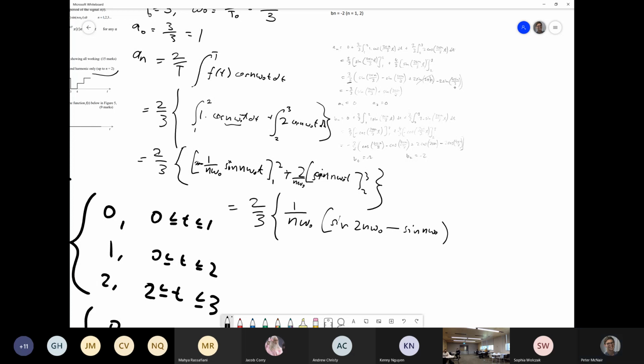Anywho, and then plus 2 on n omega naught into sine of 3 n omega naught minus sine of 2 n omega naught.